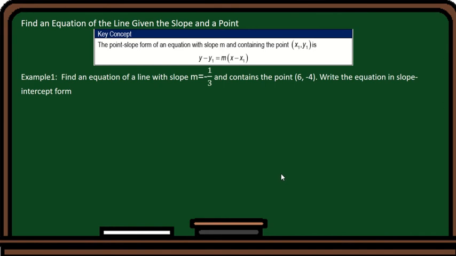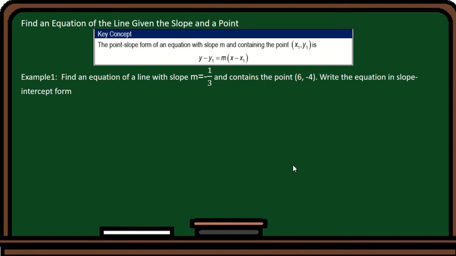Find an equation of a line with a slope equal to negative 1 over 3 and contains the point 6 and negative 4. Write the equation in a slope-intercept form.